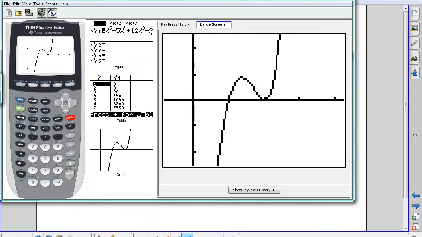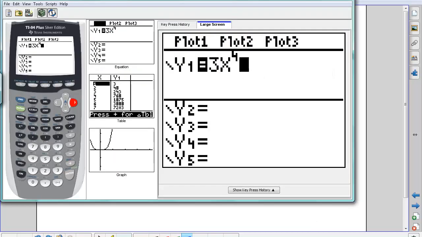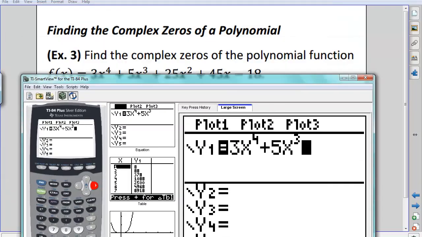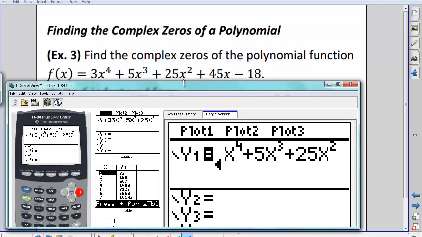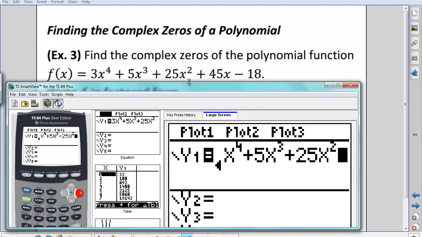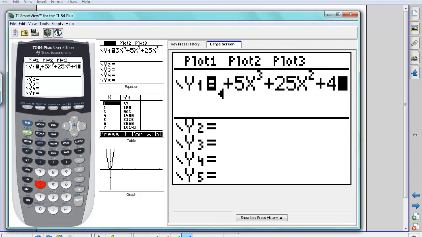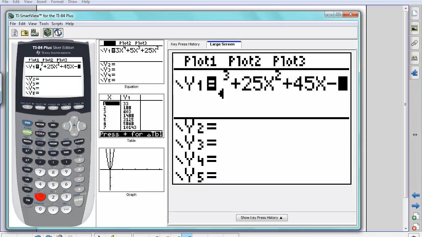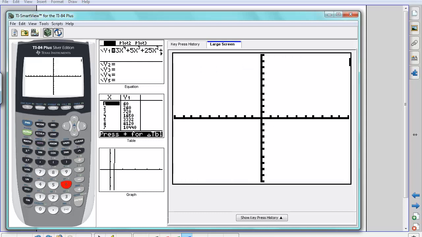So 3x to the 4th plus 5x cubed plus 25x squared plus 45x minus 18. And here's our graph.